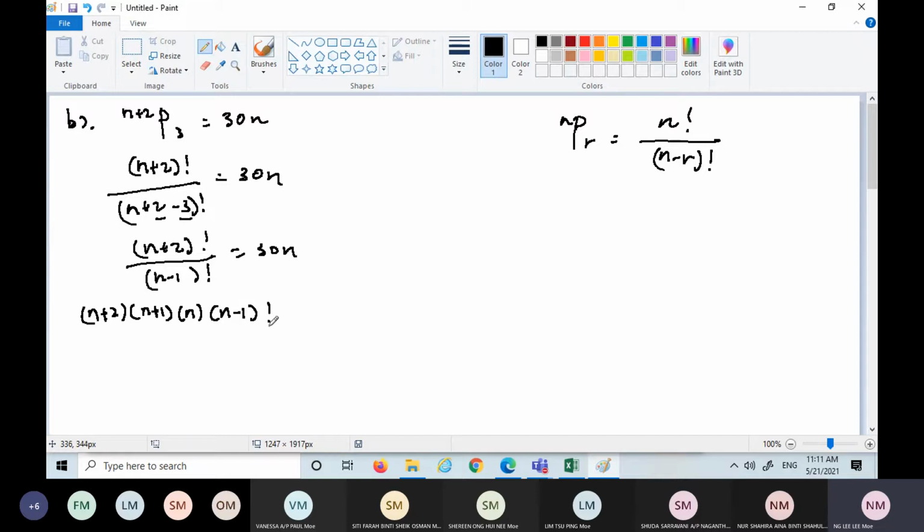Here you stop, then factorial. The (n-1) factorial in the denominator cancels. Equals 30n.